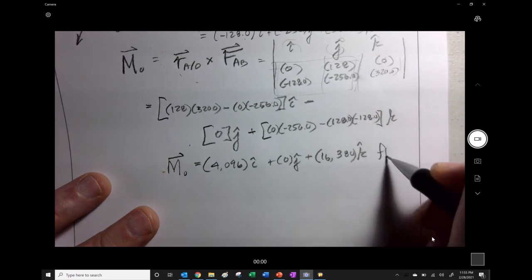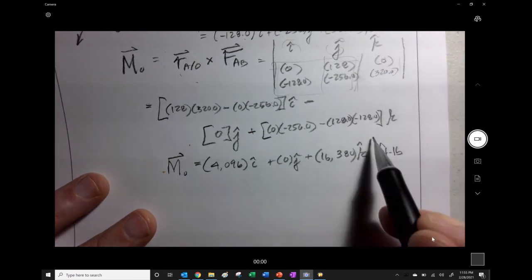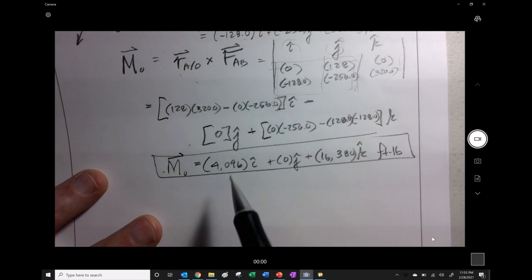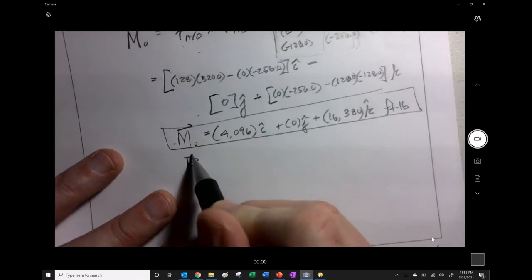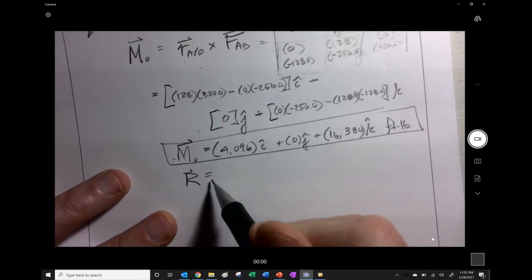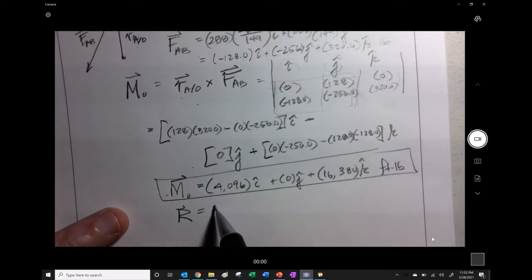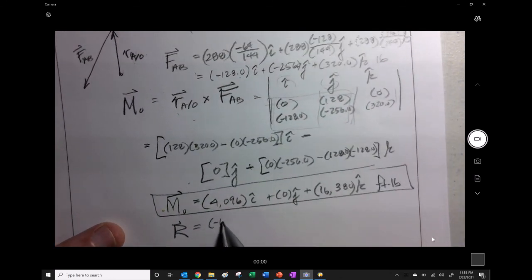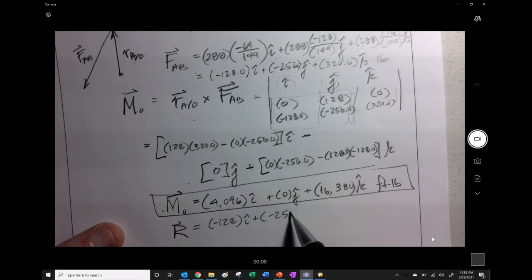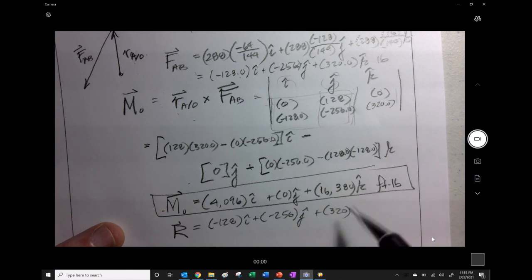These are foot pounds, our equivalent moment. And we have that R that we also said from up above was a negative 128 I, negative 256 J, and a 320 K. These are pounds.